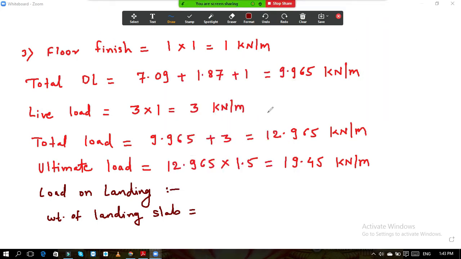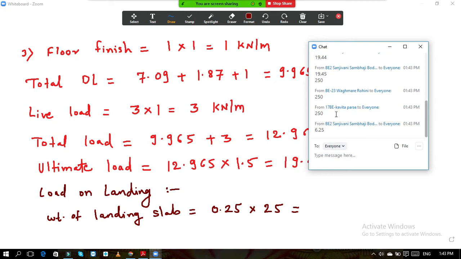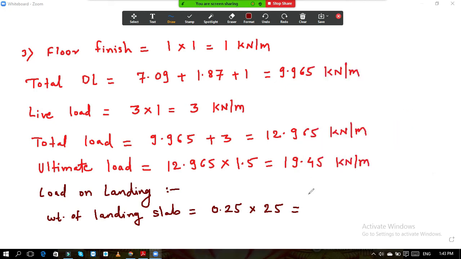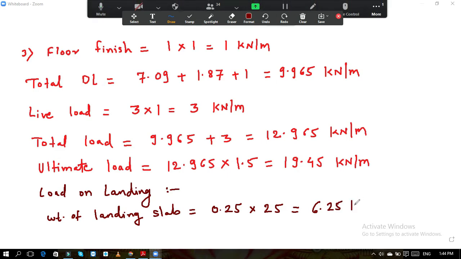So in meter it is 0.25 depth into 25 density of RCC, which is equal to, what is the answer? 6.25 kilonewton per meter.